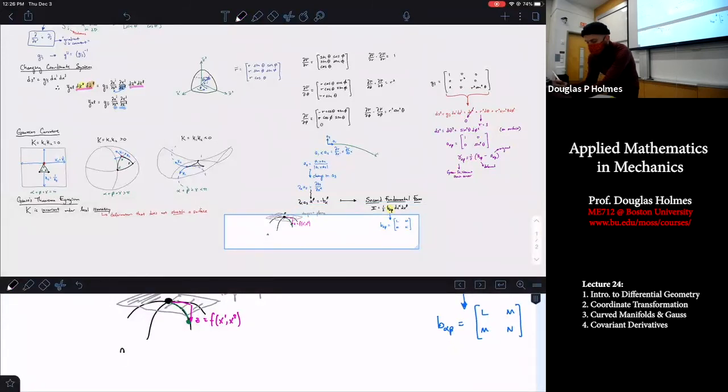You're going to see it like this: I can write f of x1 and x2 as being approximately equal to 1/2 x1 squared times the second derivative of f at 0, 0, plus x1 x2. This is just a Taylor series expansion, but we're neglecting the first order terms. I'll tell you why in a moment.